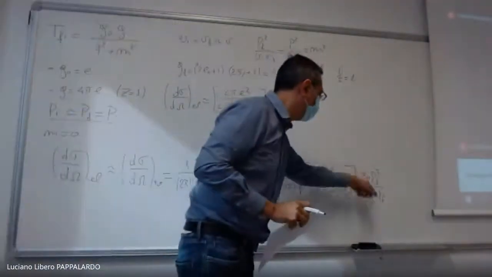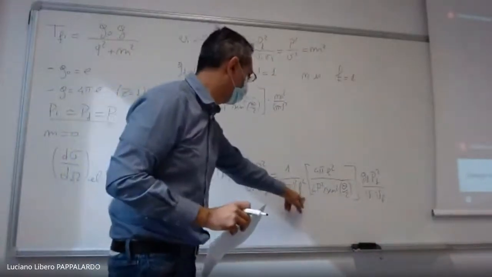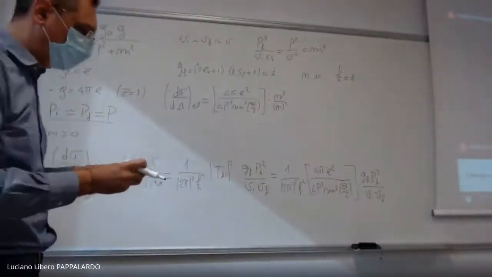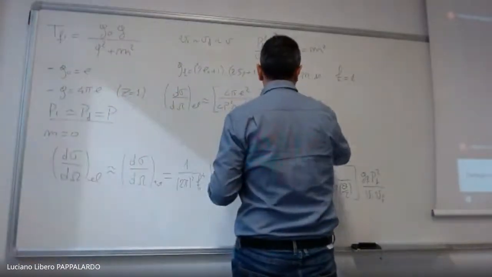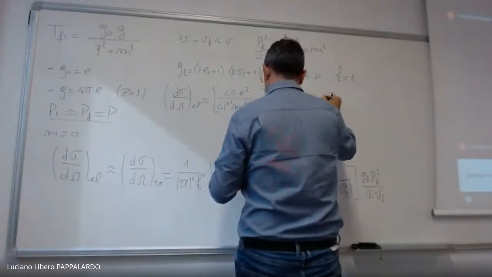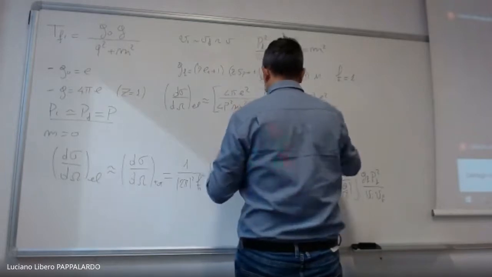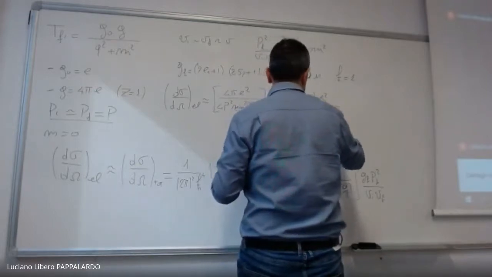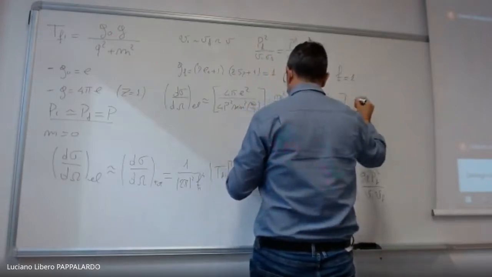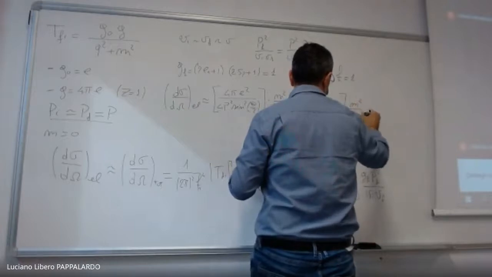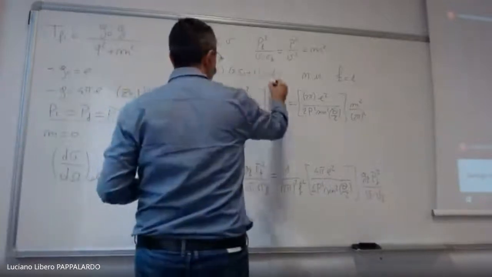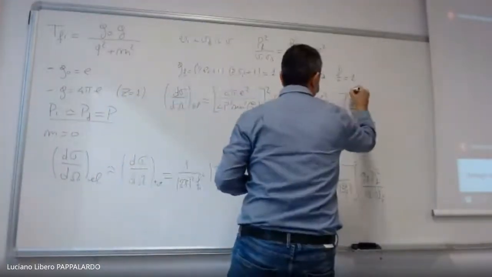So this is 1, this is m squared, and this is now 1 in natural units, and we still have to take care of this 2 pi. Now we can make a simple thing here. We divide by 2, so this is 2 pi e squared, and then we have 2 p squared sine squared of theta half, and sorry, this is all squared, of course.